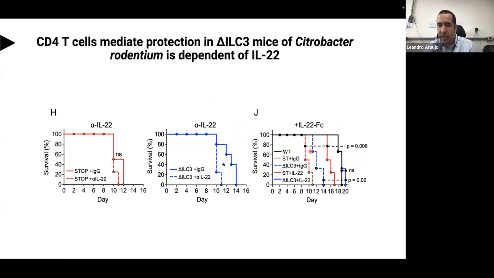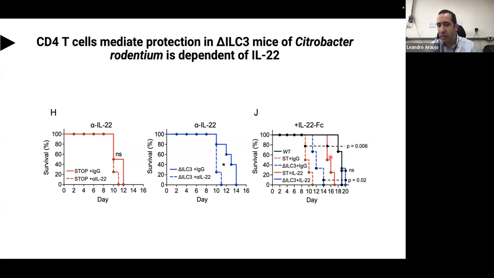And we tried this in the context of the bone marrow chimeras that I mentioned before, the Rorc-gamma knockout mice, and we saw the same differences without the treatment, now with the IL-22 cytokine.